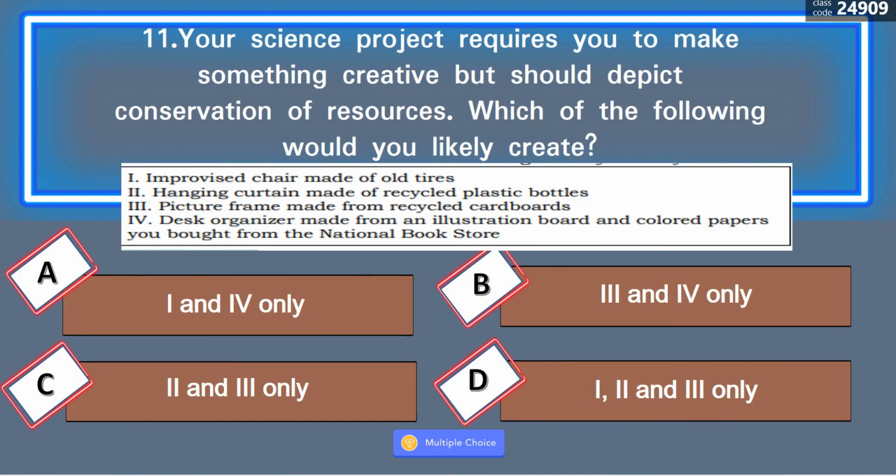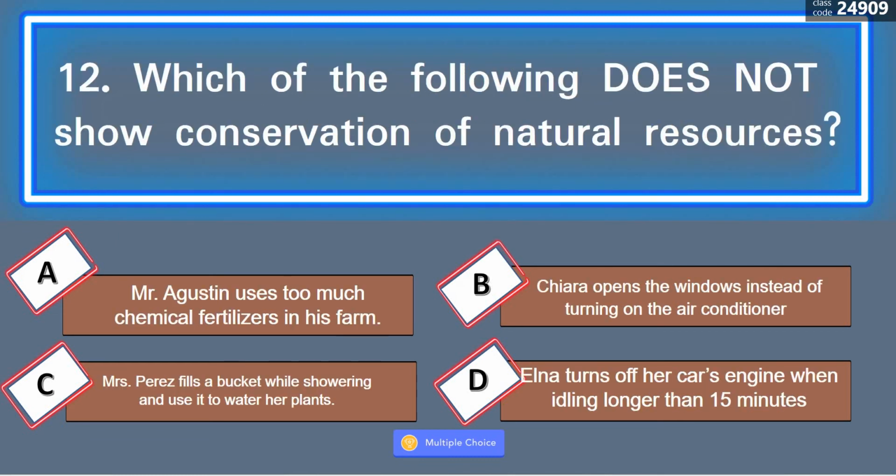How about number 11? Your science project requires you to make something creative, but you should practice conservation of resources. Which of the following would you likely create? Okay, that is 1, 2, and 3 only. Letter D. Number 12. Which of the following does not show conservation of natural resources?